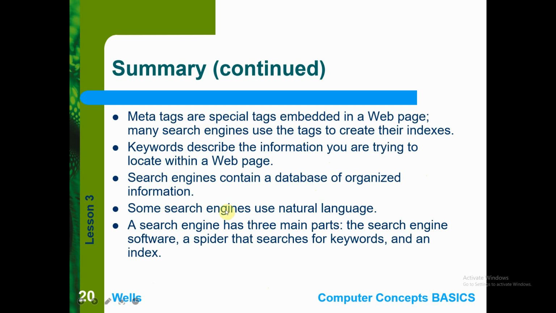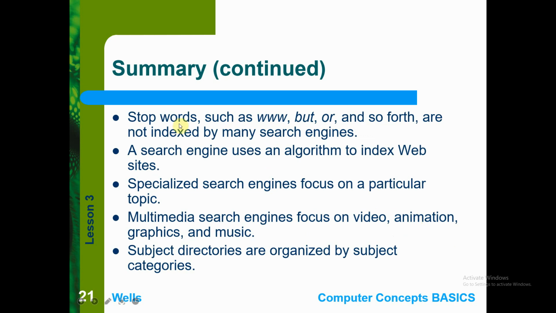So some search engines use natural language and a search engine has three main parts: the spider or bot, the searches for the keywords, and an index. And stop words like www dot, but, or and so forth are indexed by many search engines.